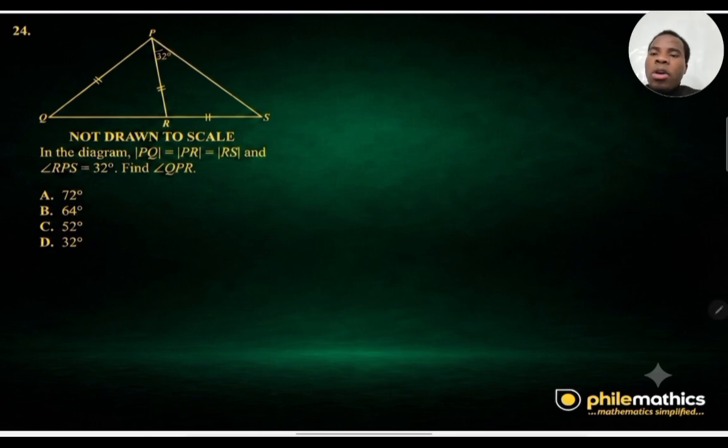Let's go. Because angle RPS is 32 degrees and we are told that the length PR equals length RS, the angle RPS must equal angle RSP, which is 32 degrees.